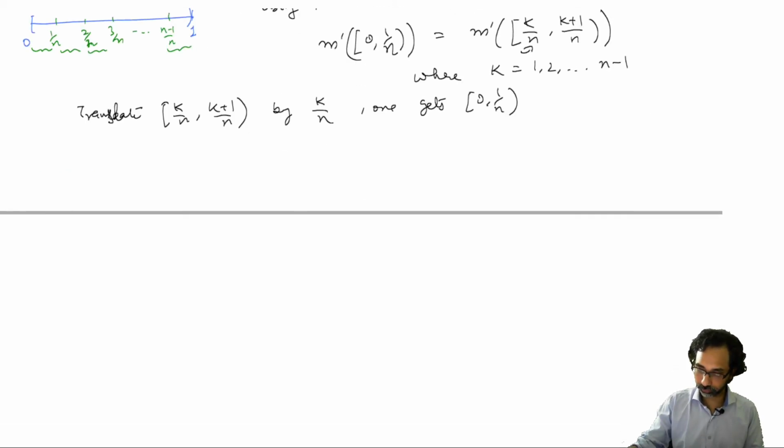Therefore, now I am using the finite additivity property.